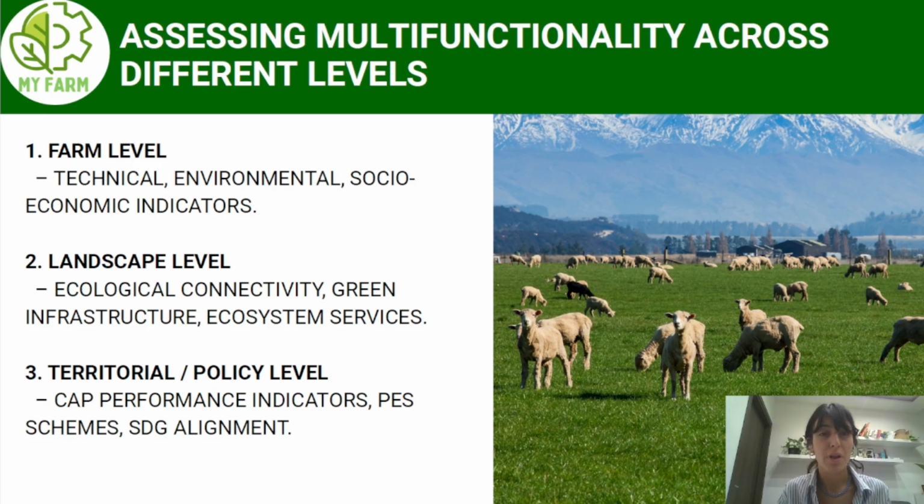Then we have the territorial and policy level. At the territorial scale, assessment connects agriculture to broader societal goals and public policy. So we consider the Common Agricultural Policy performance monitoring and evaluation framework. These indicators include eco-scheme adoption, carbon farming, biodiversity-friendly management, and social indicators for rural areas.